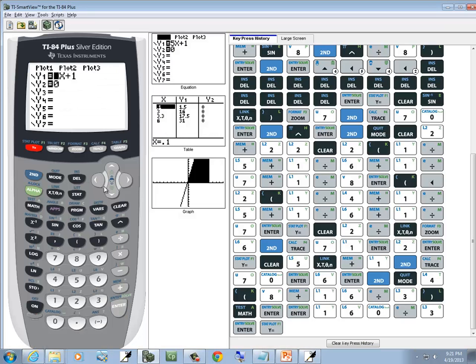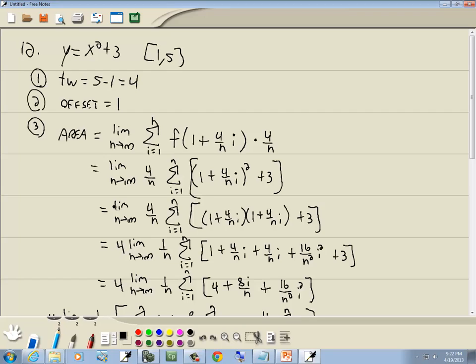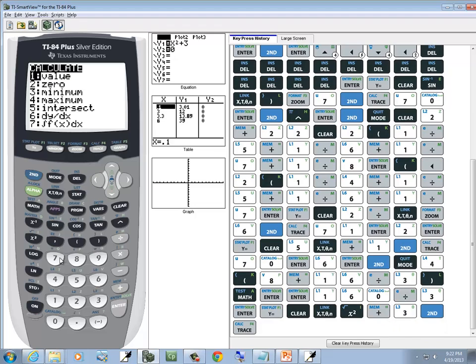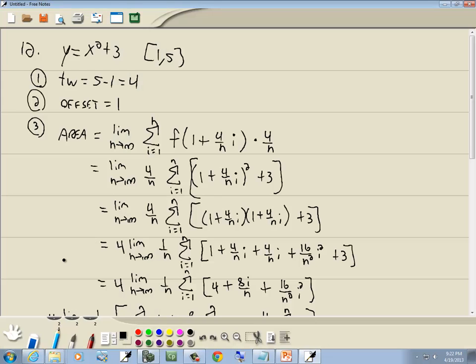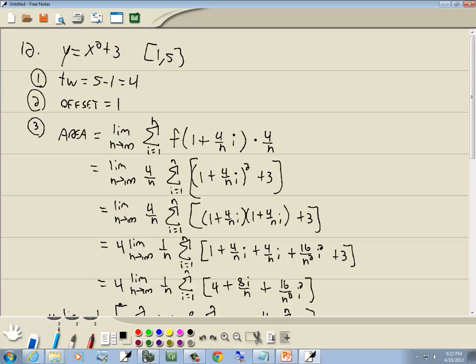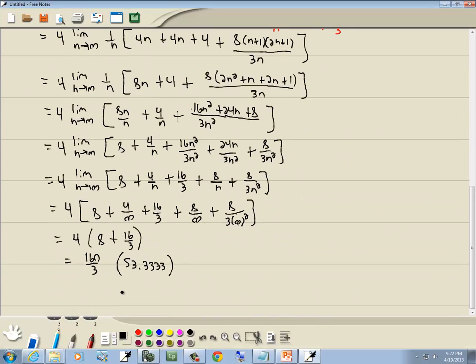But press y equals, press clear, x squared plus 3. Now I'll do second trace, choose number 7, and this is going to go from 1 to 5. So I'll do 1 enter, 5 enter. That looks good: 53.3333. So it looks like I came up with the right answer. No math errors.